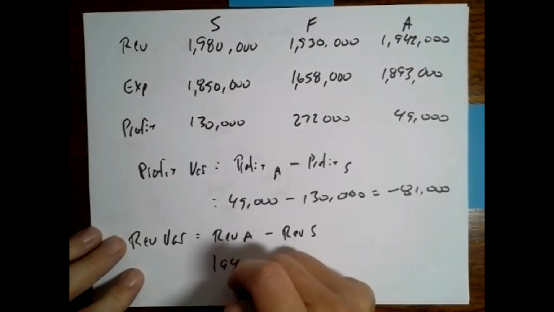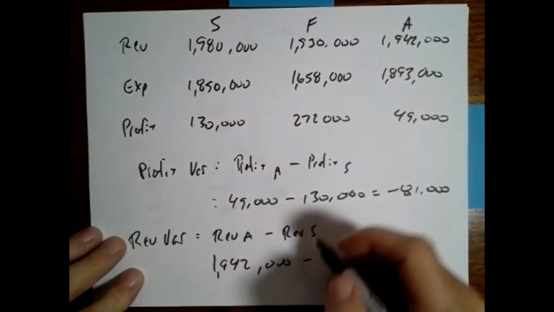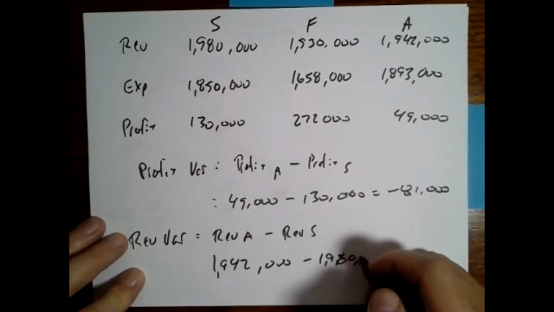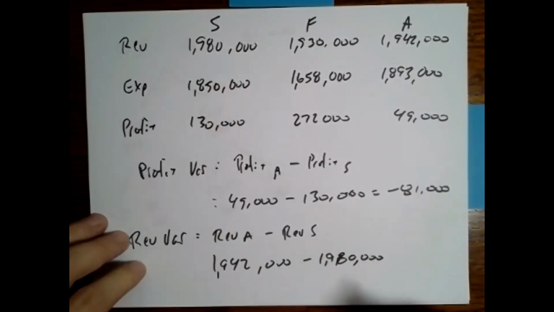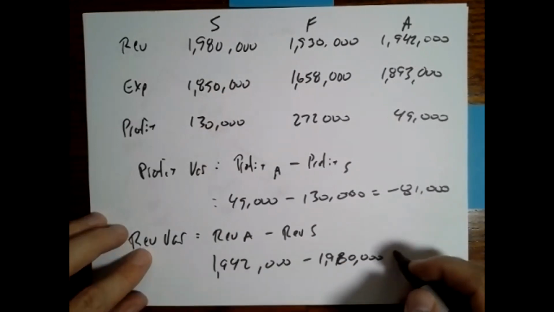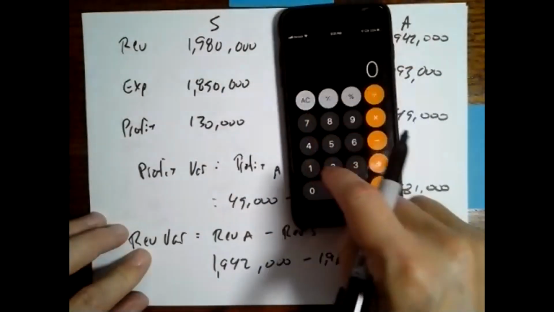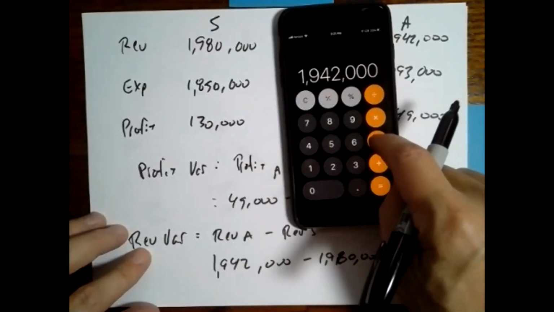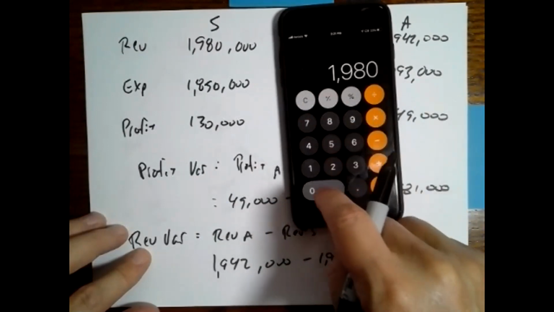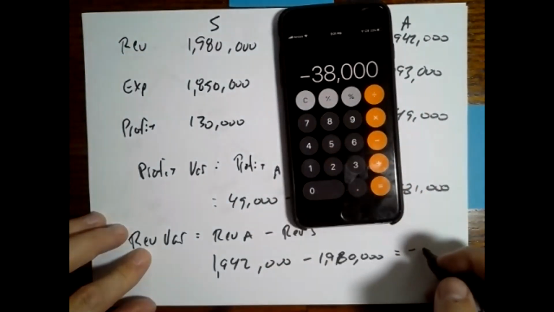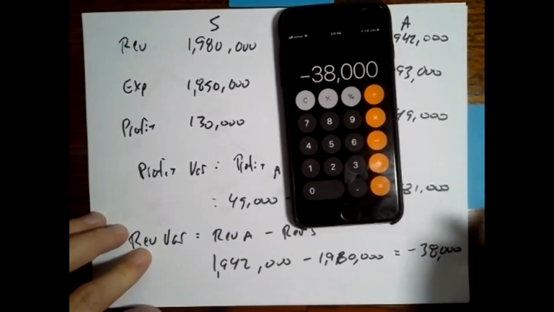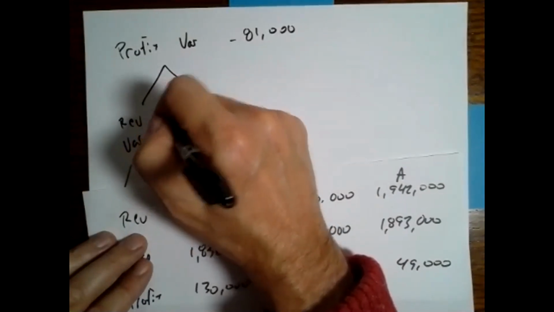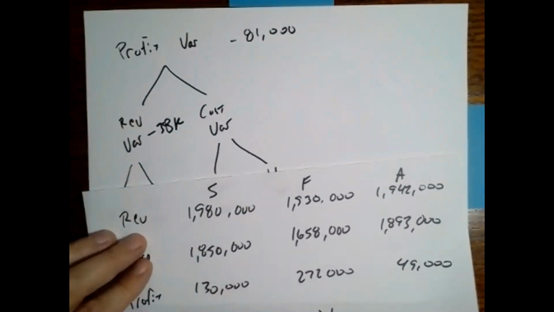So revenue actual is 1942 minus revenue static, which is 1980, or 1.98 million. 1942 minus 1980 is minus 38,000. So our revenue estimate was off by 38. So revenue variance is minus 38K.